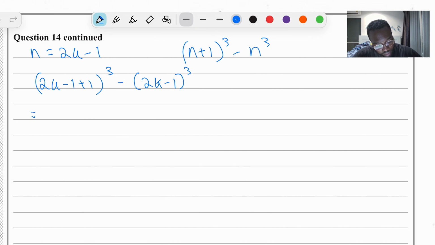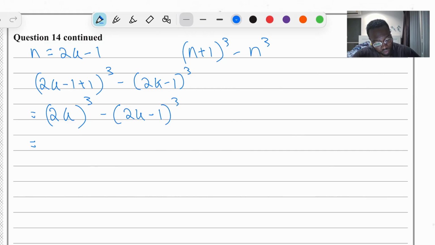So that would be 2k cubed. Okay, this is why I do it this way, because this way we get rid of that minus 1 and 1, and we're left with 2k cubed minus 2k minus 1 cubed here.